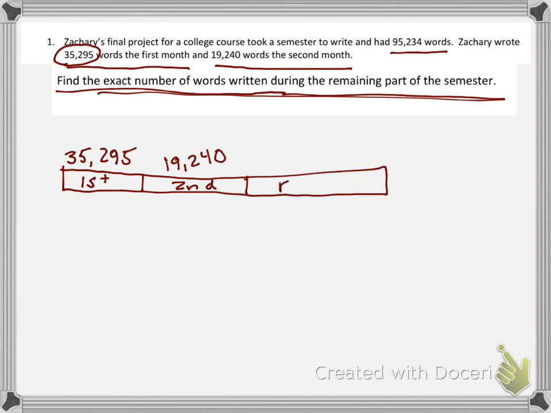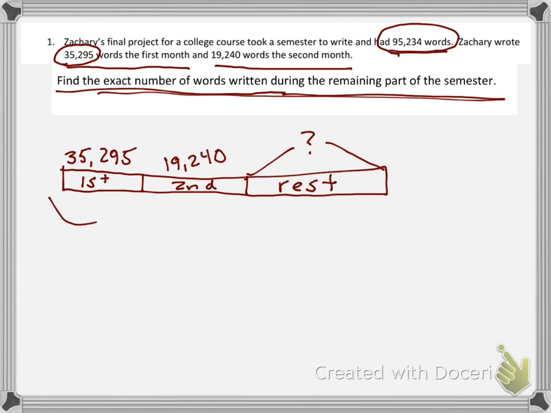And this part of the diagram is just going to represent the rest of the month. And this is the part that we do not know, how much he wrote for the remaining part of the semester. But we do know, however, that he wrote this amount of total words.